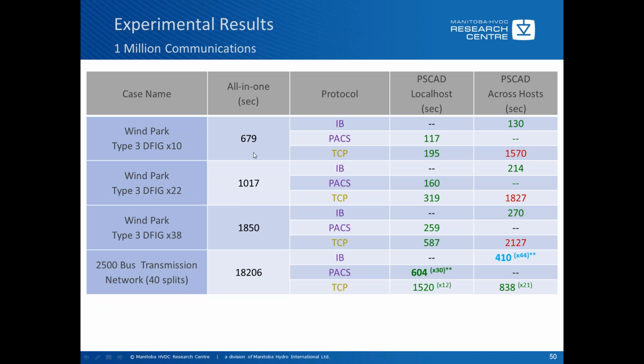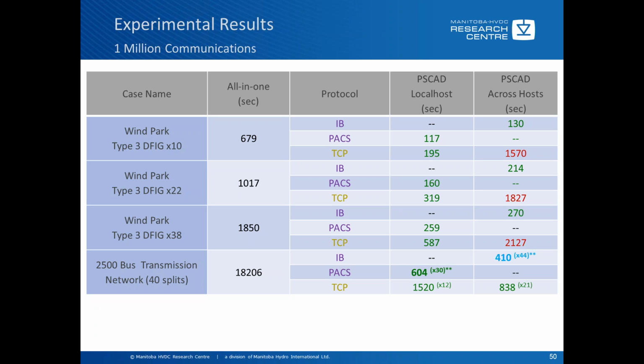The all-in-one case in this 10 machine example is already at 679 seconds. But in the shared memory model on a single host, or using InfiniBand across hosts, we're at 117 and 130. So the performance is already significantly faster on even just 10 machines. We're already getting 5 times faster.